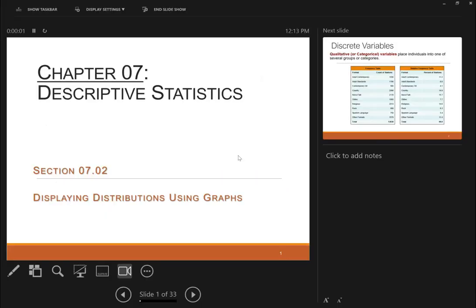Now let's go through section 2. So in section 1, we talked about the process of gathering data. In section 2, we're going to talk mainly about displaying that data, whether it be in a table or a graph.